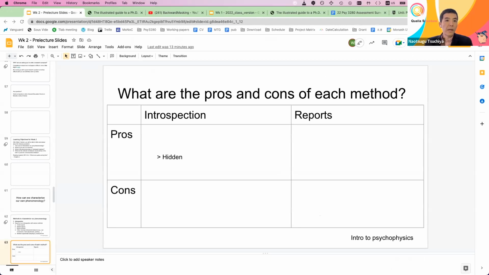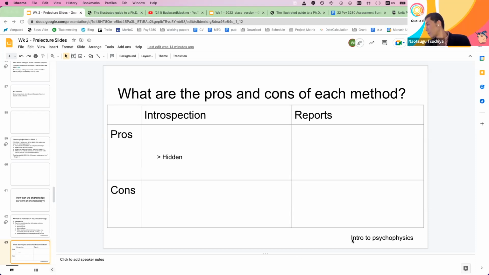This is a part that I'm not showing you on the pre-recorded slides, but can any of you suggest pros, advantages, or cons of introspection or verbal reports in the context of consciousness research? Maybe it's a bit difficult.